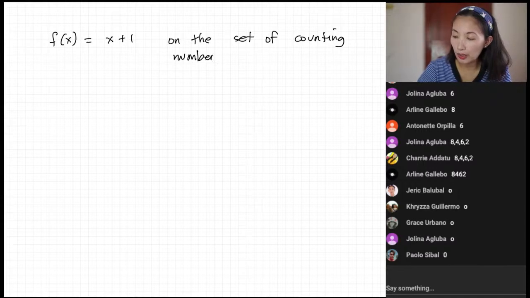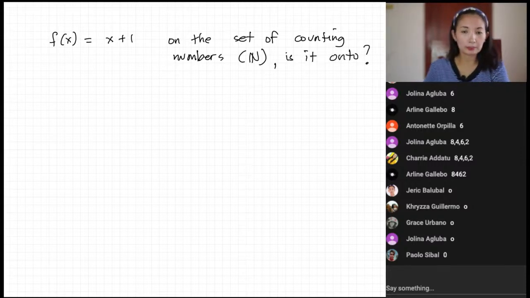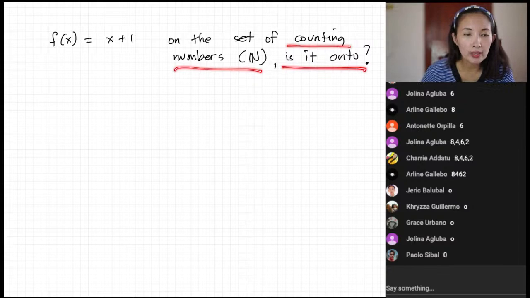Is it onto? That's the question. Is it onto? F of x is equal to x plus 1 on the set of counting numbers. Is it onto? When is it onto?